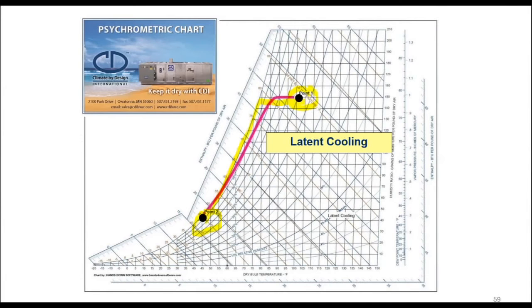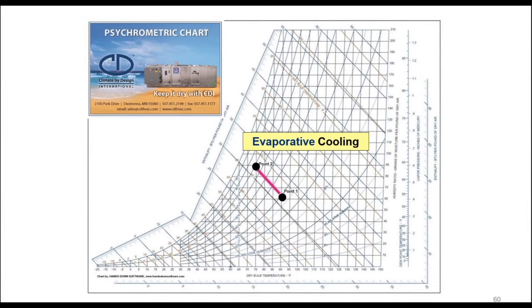Latent cooling. That perfect temperature-moisture exchange that we talked about, evaporative cooling. If we start at this condition and we evaporate moisture into that airstream that's roughly the same temperature as the airstream, we will have a constant enthalpy process.